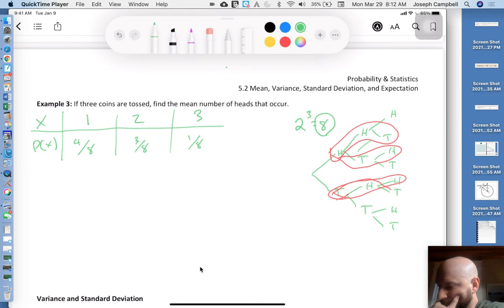Okay. Let's just double check that. 1, 2, 3. Huh. Did I make a mistake here? I must have made a mistake. How many have just 1 head?